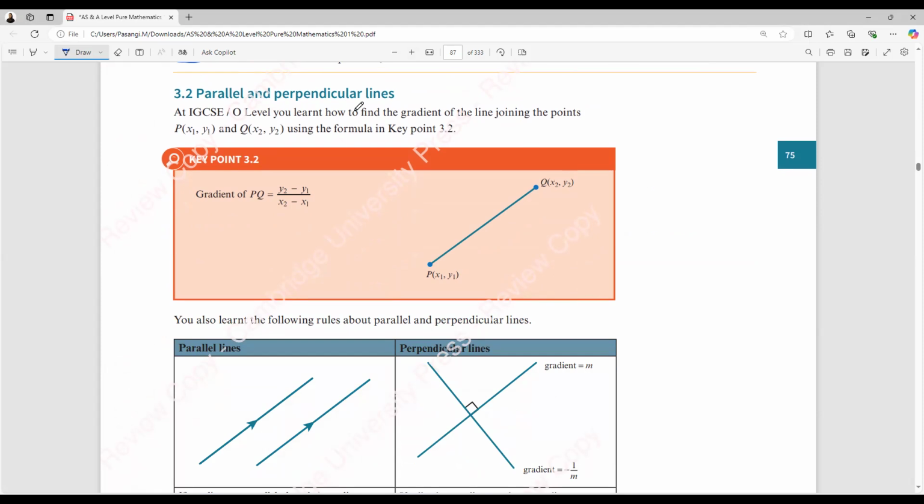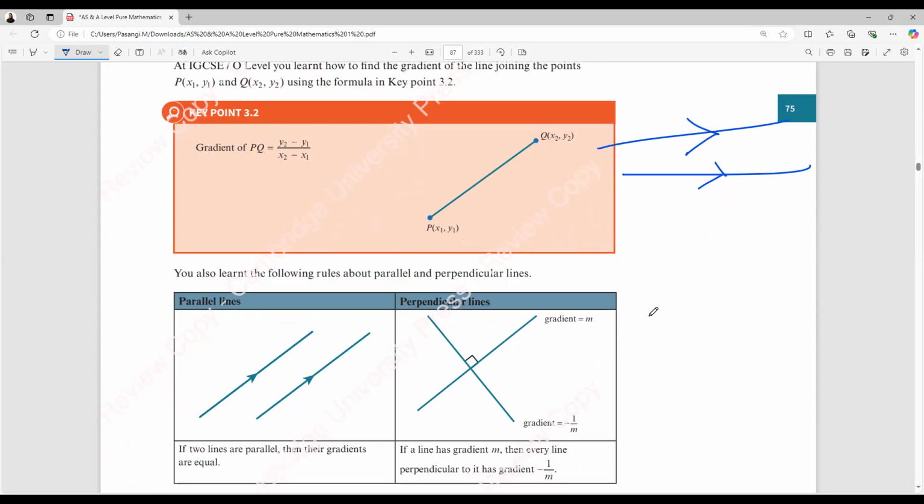For parallel and perpendicular lines, if two lines are parallel, that means the gradients of these two lines are equal. That's what we call parallel lines. For perpendicular lines, let's assume we have the gradient of one line as m1 and the other as m2.